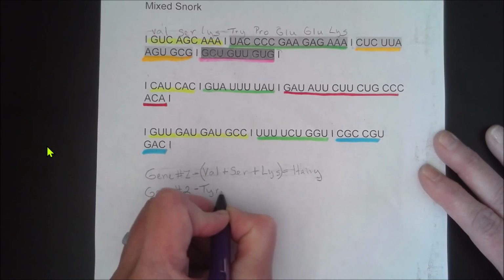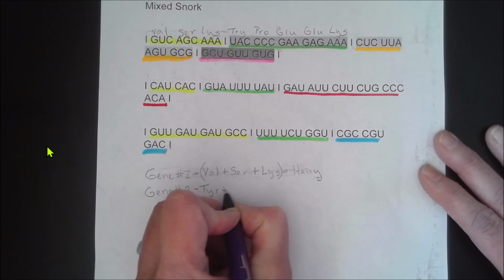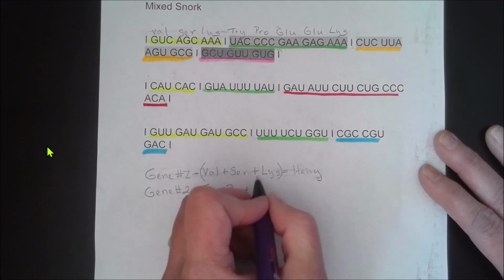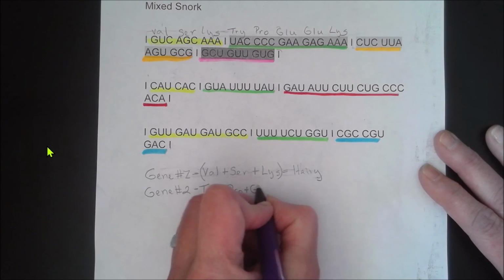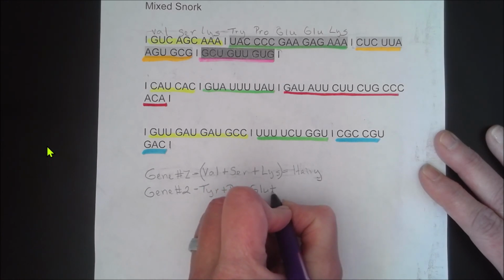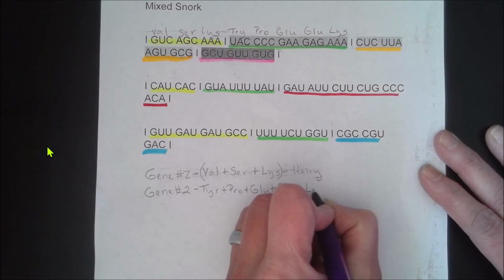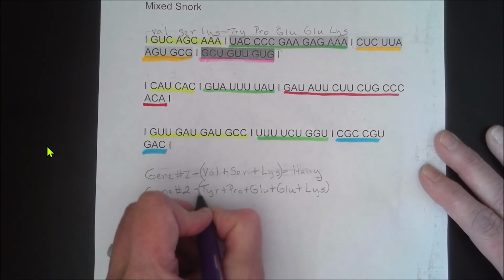So if I look at gene number 2, I have TYR, polypeptide bond, PRO, polypeptide bond, GLU, polypeptide bond, GLU, polypeptide bond, LYS, protein.